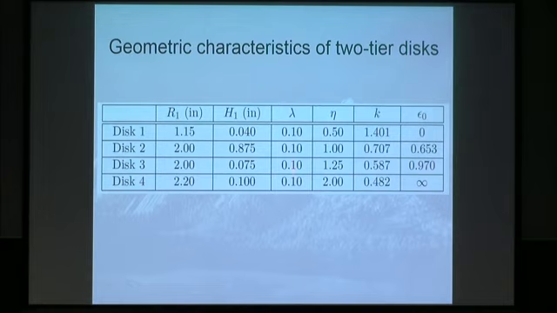Remember, I've selected lambda to always be 0.1. Here's the normalized radius of gyration, and these are the values of epsilon 0. For disk 1, it's 0. For disk 4, it's infinite. And for these two, spinning and sliding should stop at the same time.